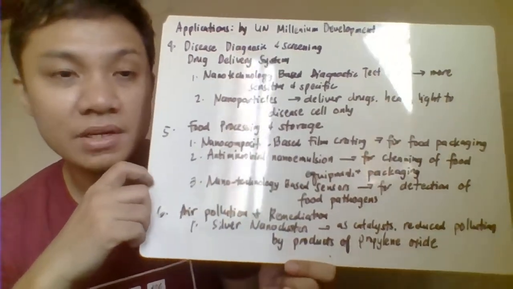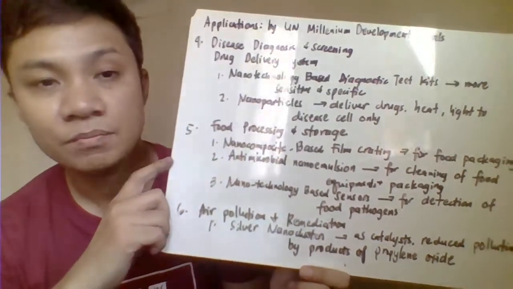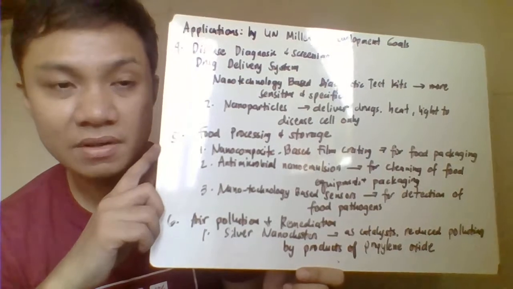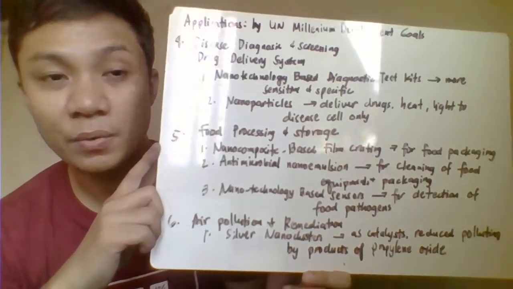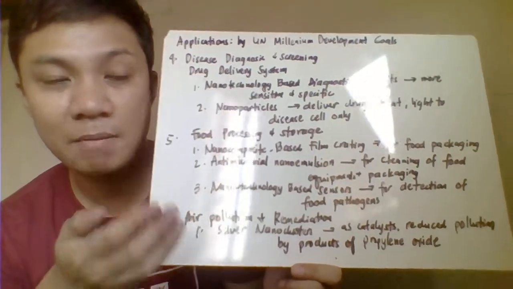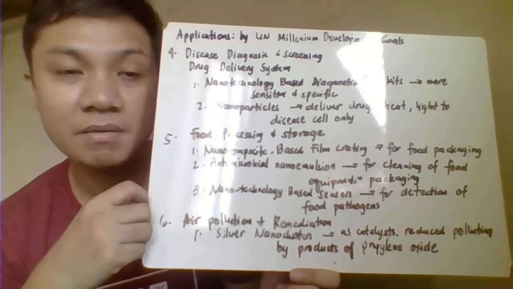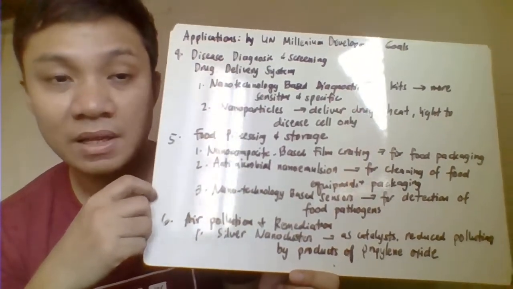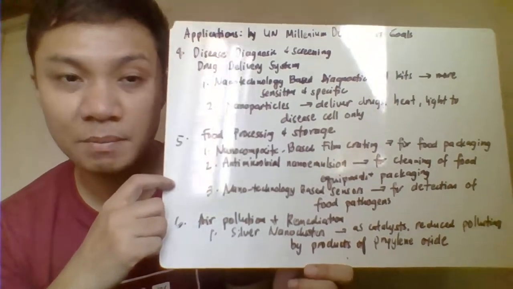Another one, in terms of drug delivery systems, you could also have nanoparticles. We try to deliver the drugs or even the lights or even the heat at those cells in our body which are only diseased. For example, in chemotherapeutic drugs, the patient would have leukemia. Chemotherapeutic drugs try to kill both your normal and your abnormal cells.